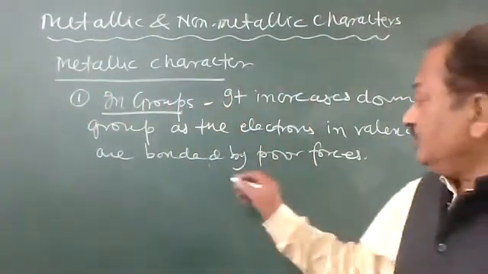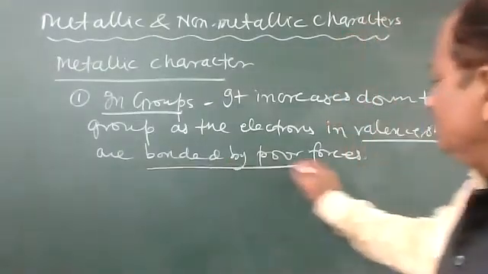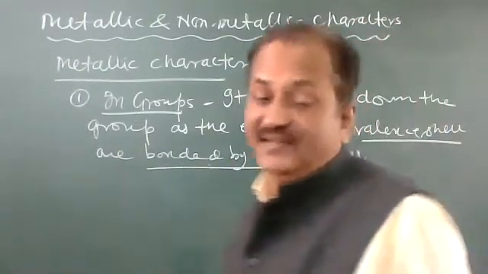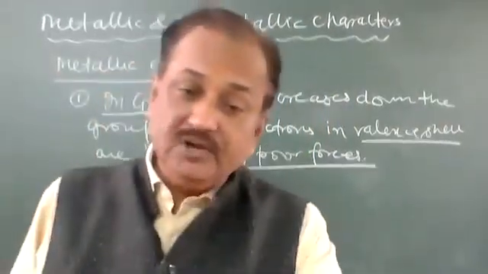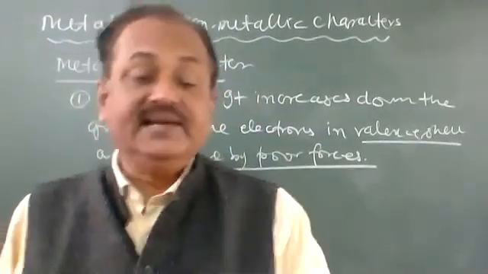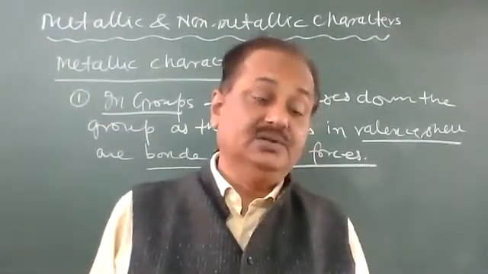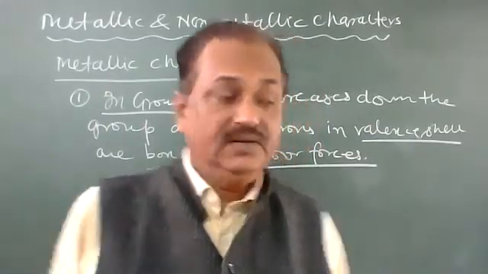Because the valence shell electrons are bonded by a poor force of attraction. So this is one point: on moving from top to bottom, the metallic character increases down the group because electrons are weakly bonded.